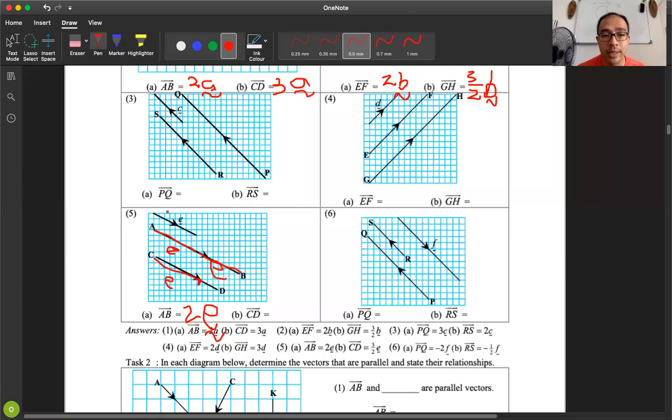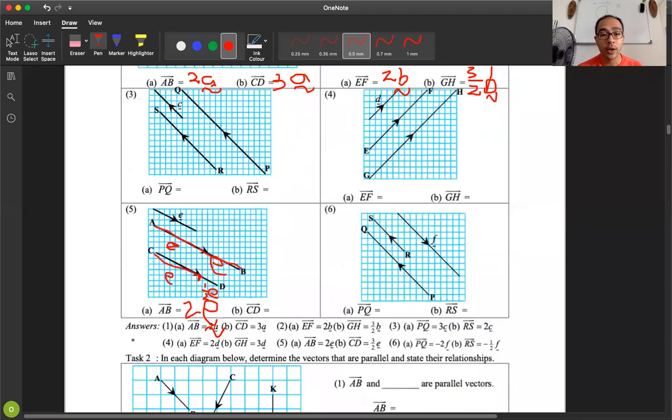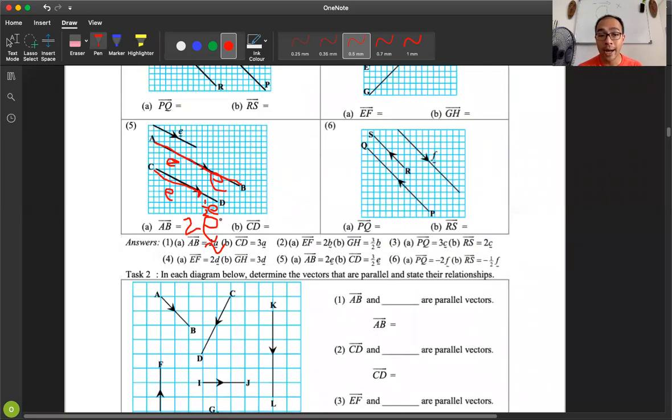Since the original one is 8 and 4, and over here is 4 and 2, so this is half of E. In the same way as the previous question, this is 1.5 of E. So this is 3/2 E. This is a little bit hard to see, especially if your screen is tiny. But if you have your paper, you can actually count the number of boxes.